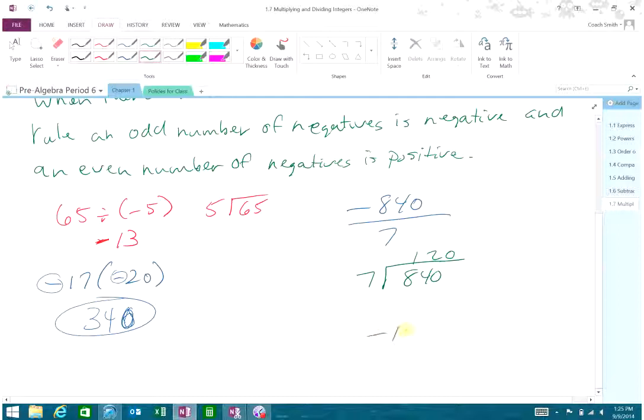So that'd be a negative 120. Has nothing to do with size of numbers, nothing. One negative, it's negative. So it could be negative 1 times a million, negative a million. It could be negative 1 times negative a million. That's a positive a million. Okay.